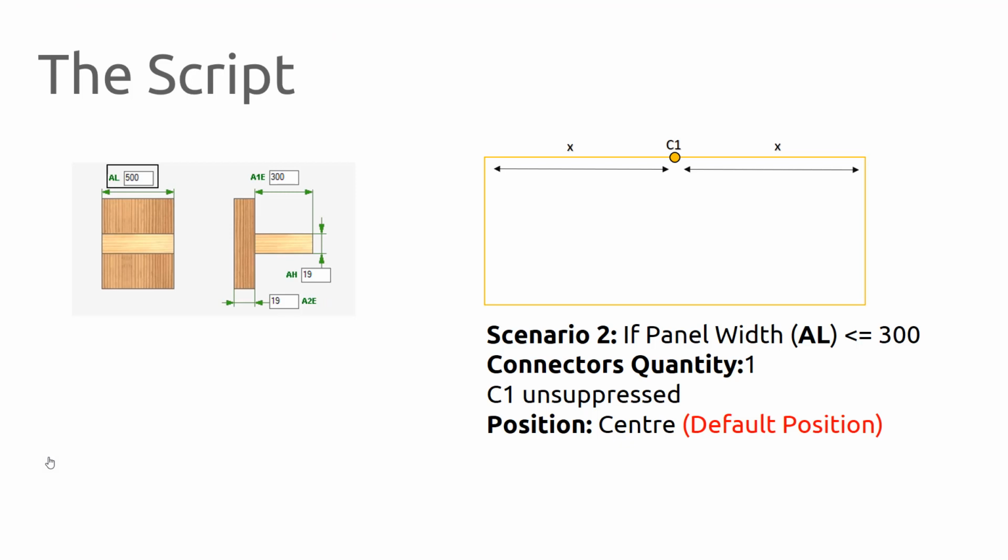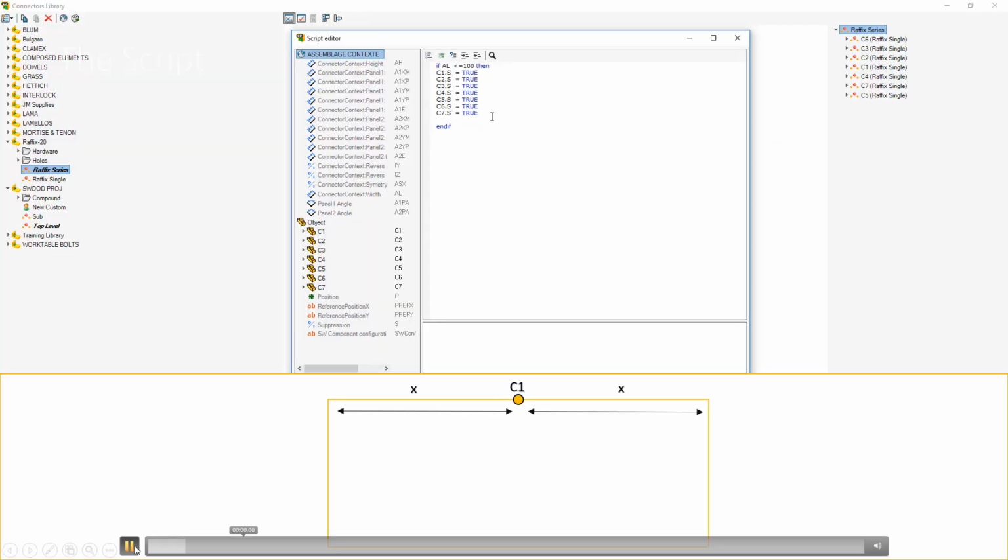Scenario 2, so if the panel width of AL is less than or equal to 300, then the connector's quantity should be 1. So C1 in our case will then become unsuppressed, and the position of it will be bang in the center, which is actually the default position. So back to the script.